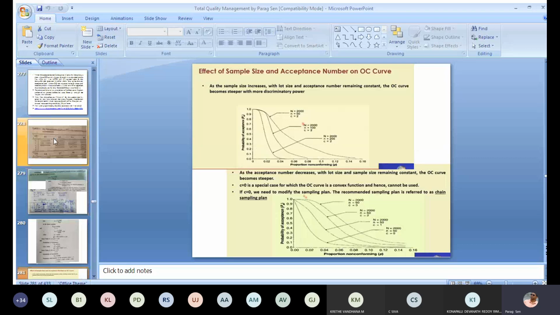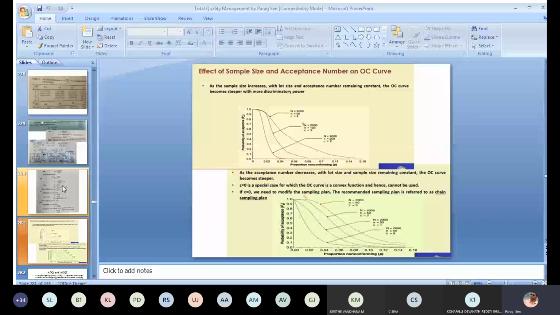So now today we will discuss the characteristics of Poisson distribution or operating characteristics curve.